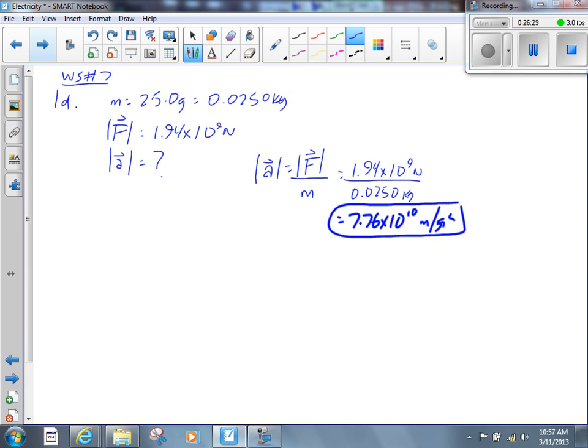Just a quick qualitative answer. Why do we get such a big acceleration here? We're dealing with a force that's pretty big, 1.94 times 10 to the 9 newtons, and we're dealing with a mass that is small. If you're dealing with a big force and a small mass, what are you going to get for an acceleration? Big value, right?